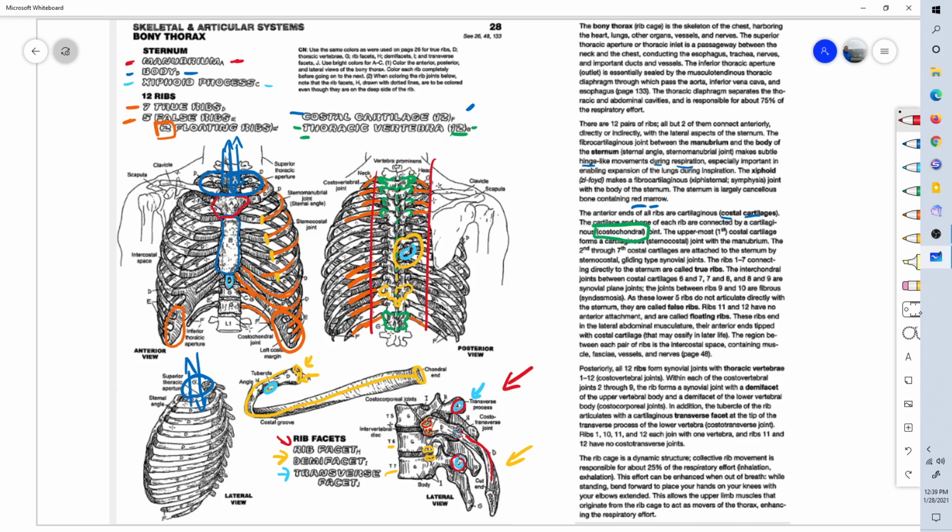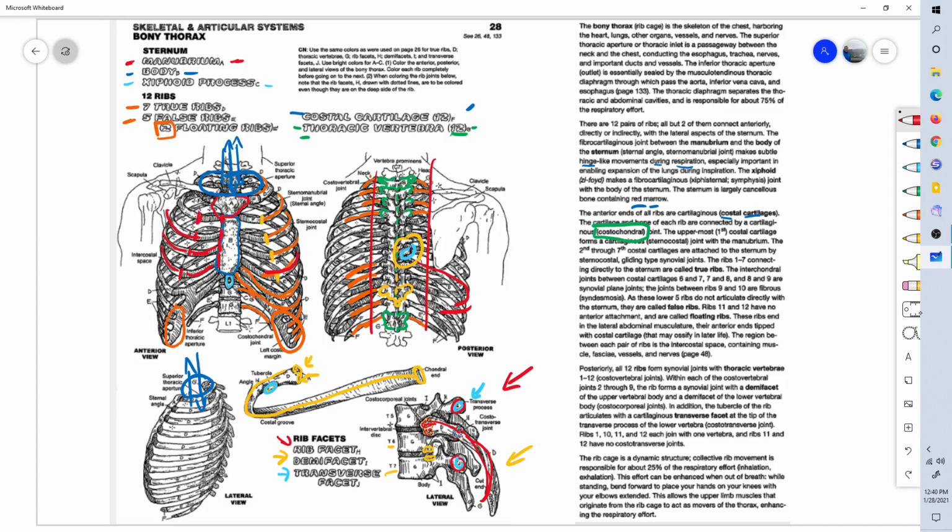Of course, they come out from the demi facets of the thoracic vertebra to the transverse facets and wrap completely around to the front of the body, the anterior, and articulate at the costochondral joints here, and then the cartilage takes over from there, and then we have a sternochondral joint.